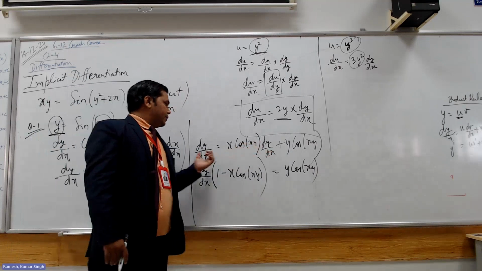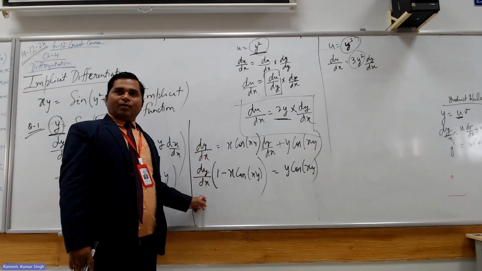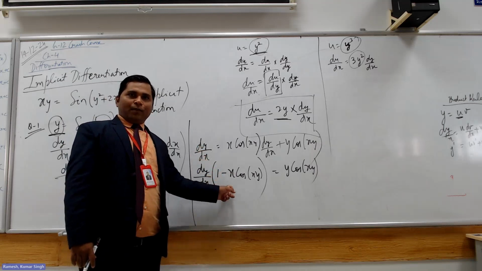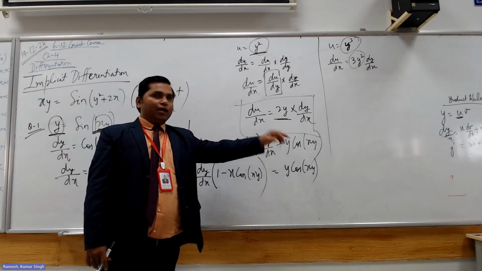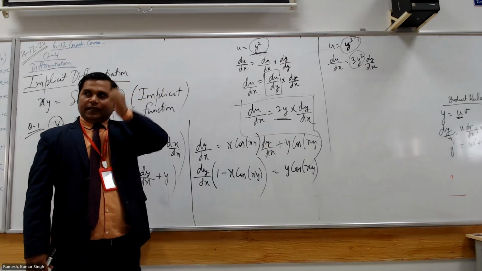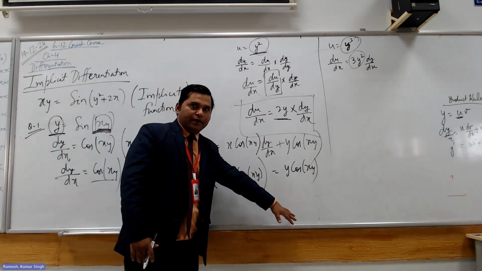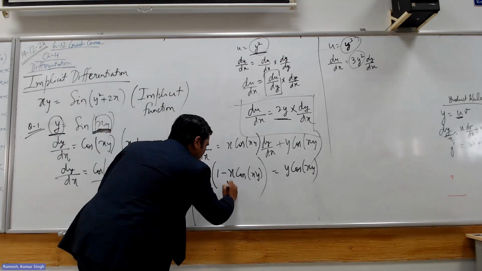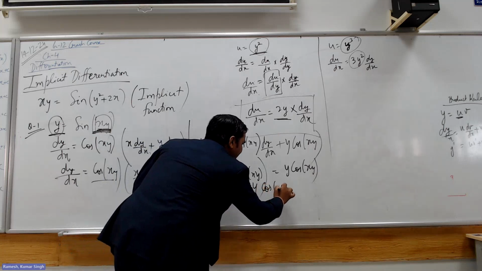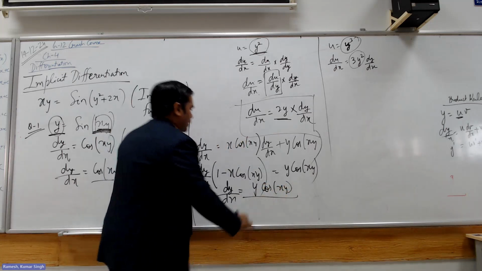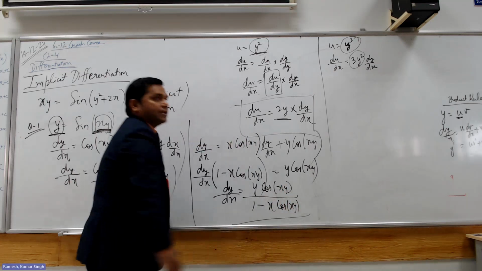I've taken dy by dx common on the left. Is that clear? Now we want dy by dx, so this whole thing goes in the denominator. So dy by dx equals y cos xy over 1 minus x cos xy. That's the answer.